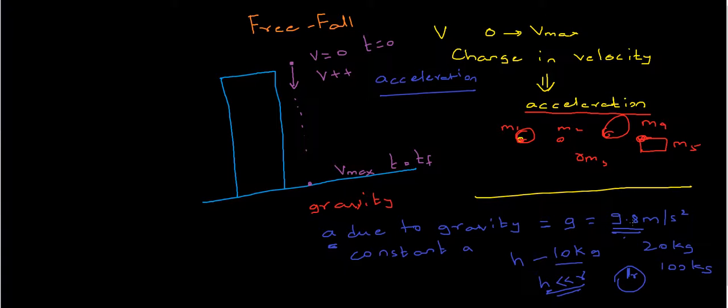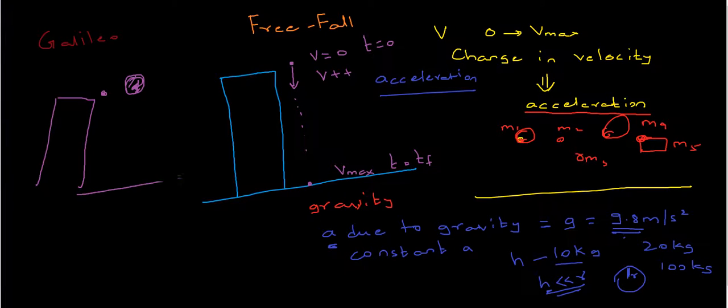There was a famous experiment done by Galileo. Galileo was an Italian physicist. What he did was, on the Leaning Tower of Pisa, he took two different masses and released them from the same height.